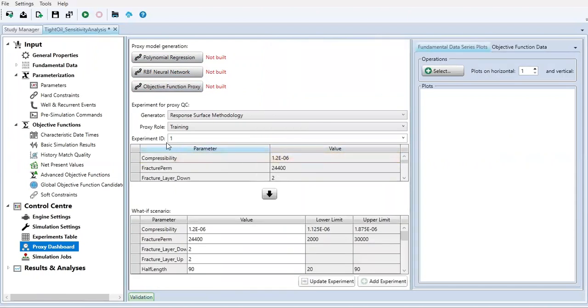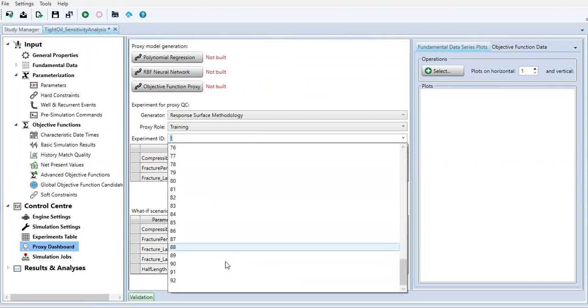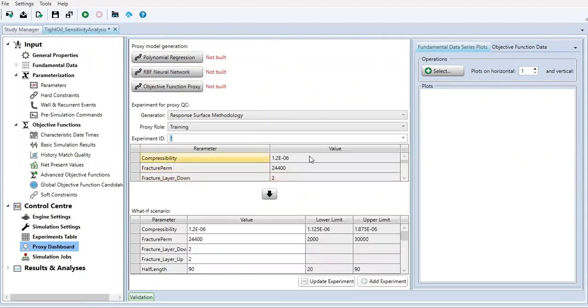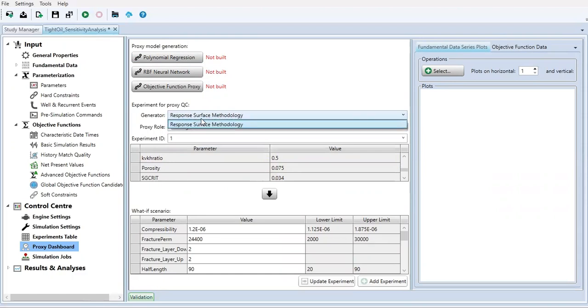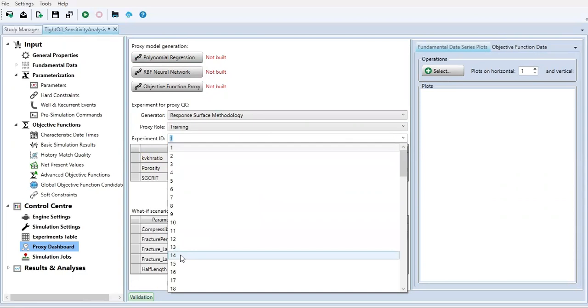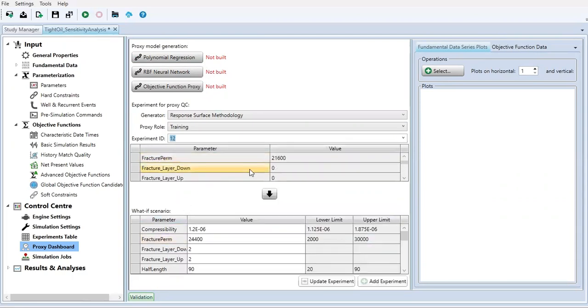Okay, this one, the experiment, yeah, this is the experiment number 1 down to 92, the value for the compressibility, for the fracture permeability, and so on and so forth. Proxy role as training or as verification, and generator, we use response surface methodology. And again, experiment ID, if we change it to experiment number 12, we have another combination.